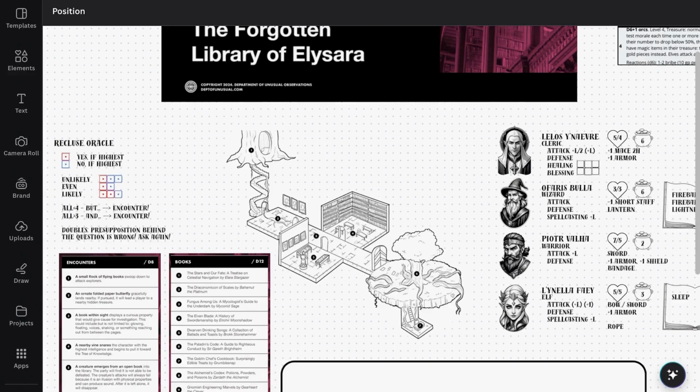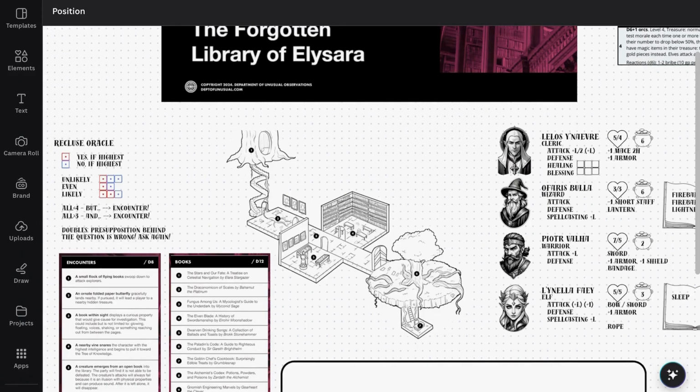After a little bit of time, this word disappears magically, and the answer is, "You are most certainly not Elysara." And Lelos realizes that this can be Elysara's journal, so he asks the first question, "Is Elysara here?" But the journal's answer is, "You are most certainly not Elysara."